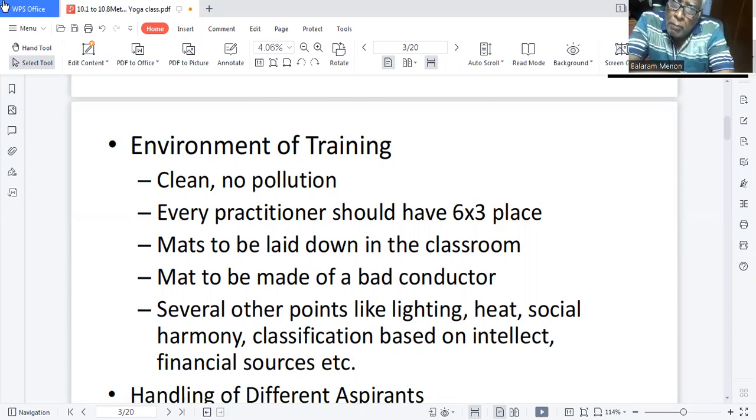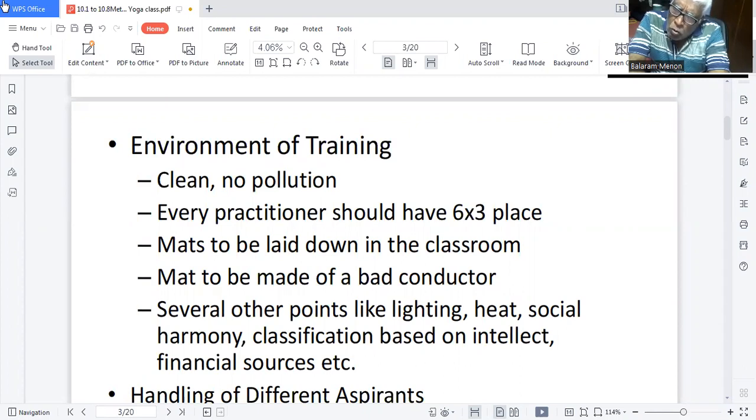But better than this, I feel personally, a Turkish towel is one of the best sources among modern cloth. It should not be a lungi, it should not be a sari, but it should be a Turkish towel, just as what we use in the bathroom. You can use a yoga mat and lay the Turkish towel on it.